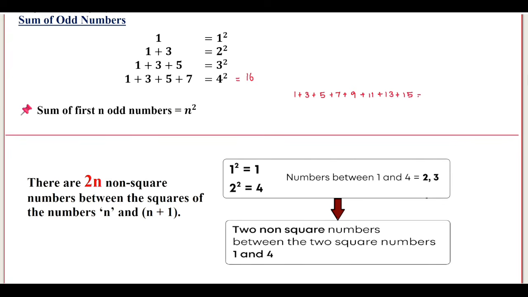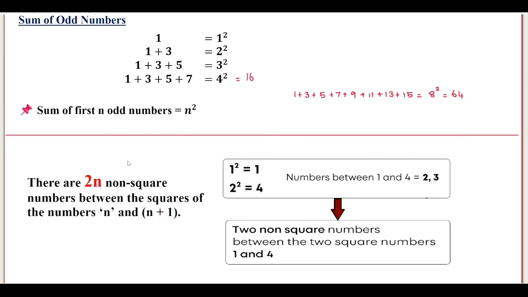If you are adding one by one, it will take time. Instead of adding, you can just count how many digits. 1, 2, 3, 4, 5, 6, 7, 8. So 8 square. Okay, 8 square is 64. Like this you can just directly get the answer.